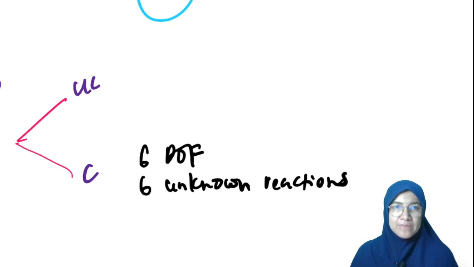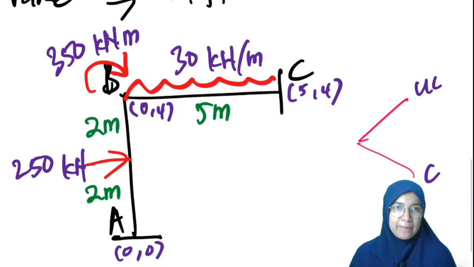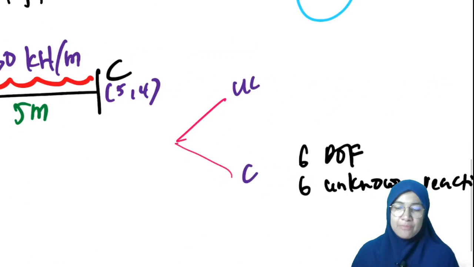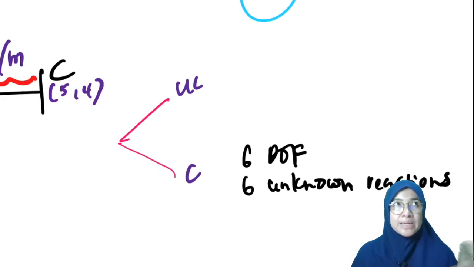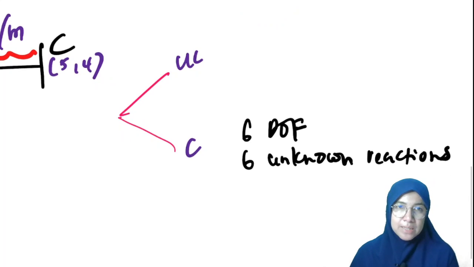By looking at the diagram, there are 3 nodes, A, B, and C, and each node has 3 degrees of freedom. So altogether there are 9 degrees of freedom. 6 have been put in the constrained system, which means the remaining 3 go in the unconstrained system.